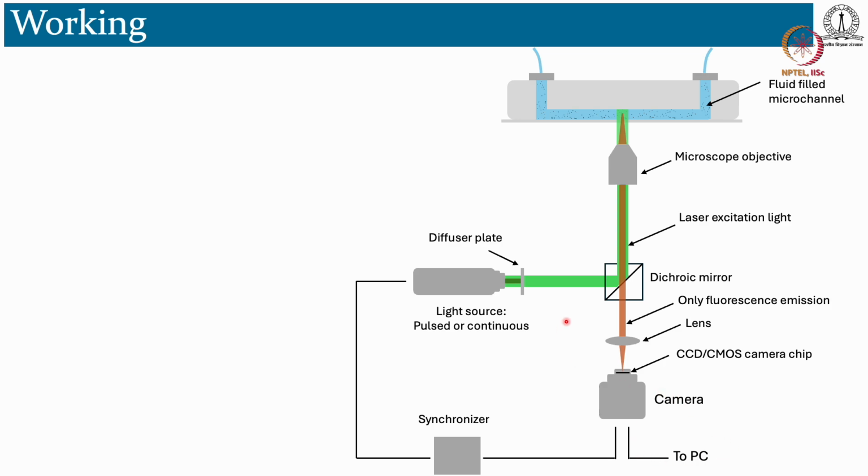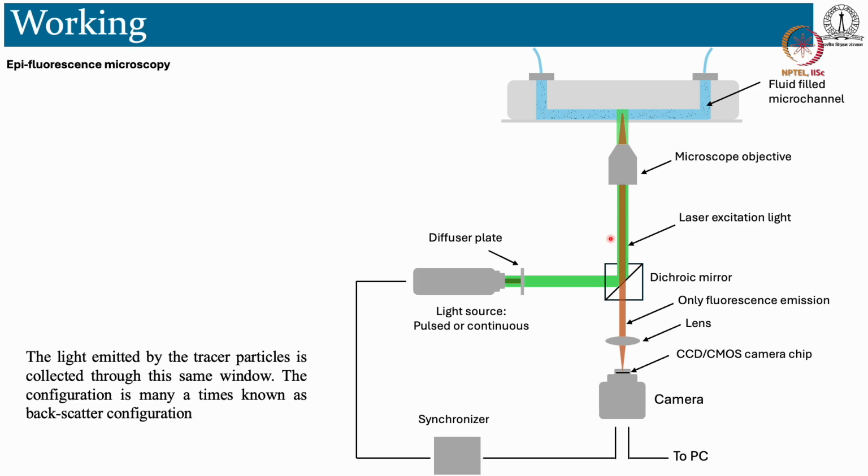So this is a typical working setup of a micro PIV. This kind of micro PIV is also known as epifluorescence micro PIV microscopy. The main principle is that the light emitted by these tracer particles is collected through the same window here, and the configuration is many a times known as a backscattering configuration.